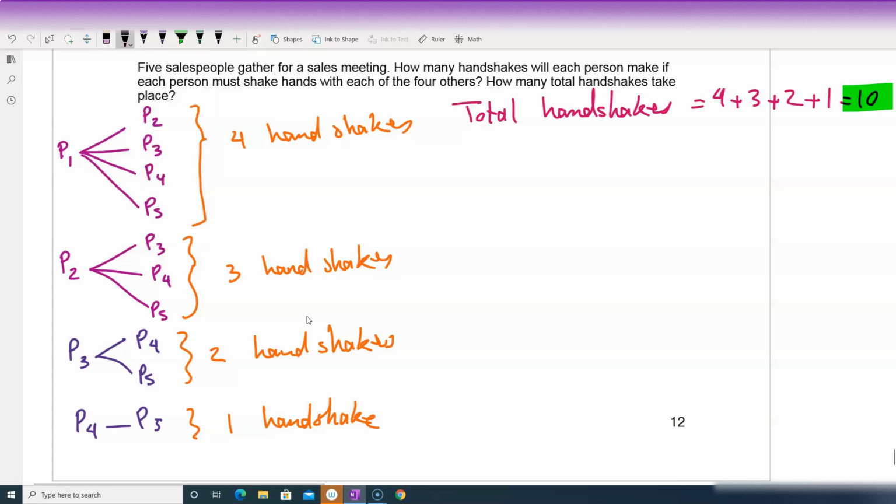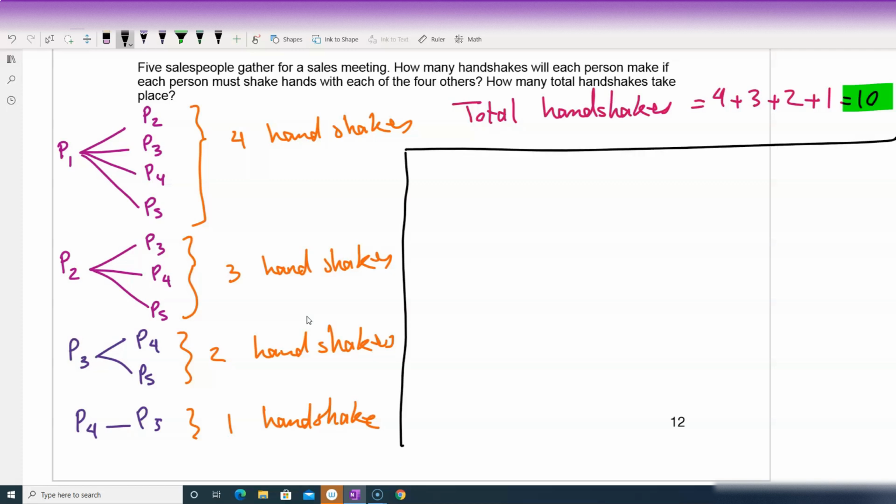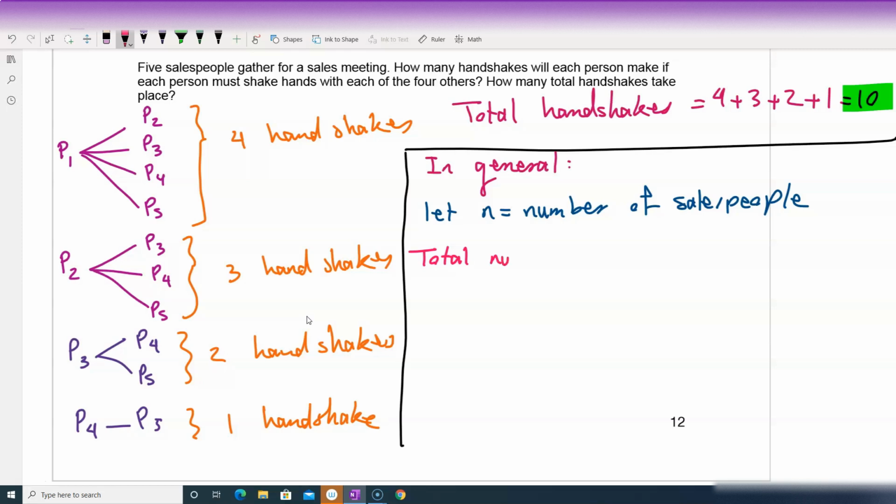Now, I want to write what in general we have here. So in general, the number of salespeople and the total number of handshakes is equal to n times n minus 1 divided by 2.